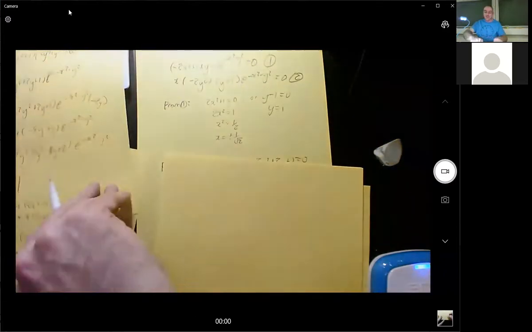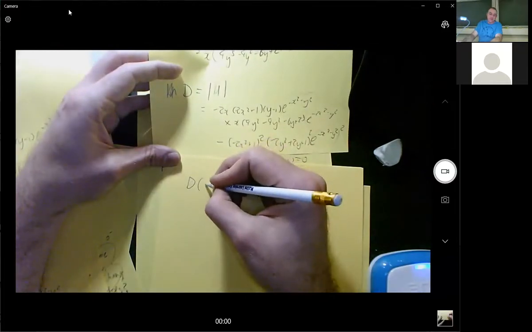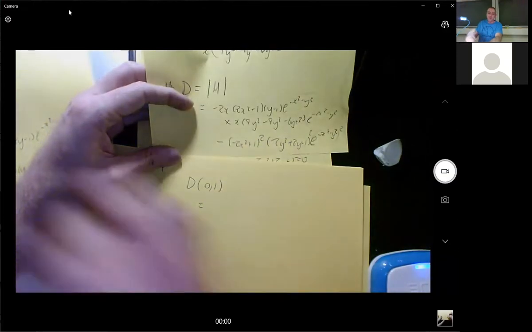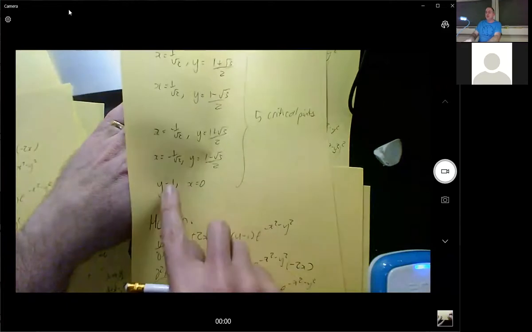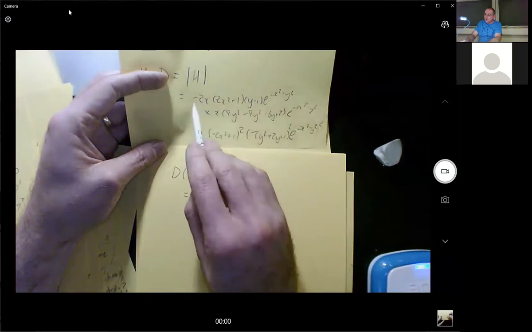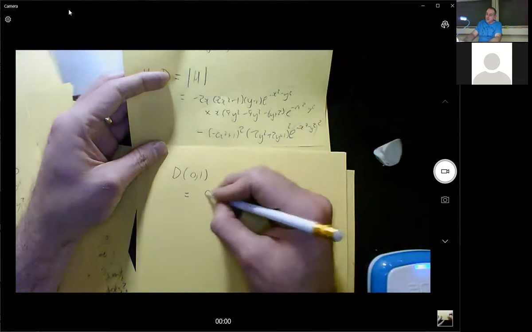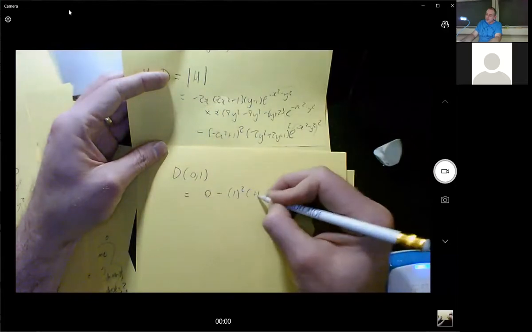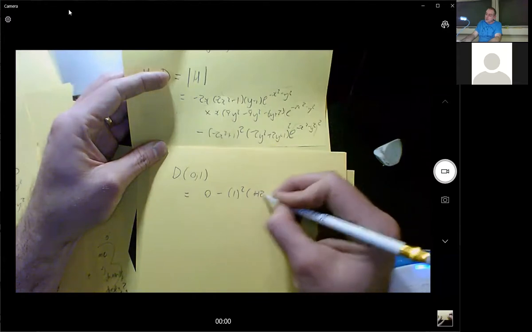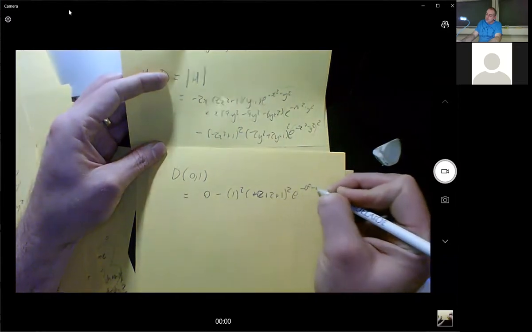But I can at least, so the d at the point 0, 1, which is one of my critical points, because that was this point here, x is 0, y is 1, x is 0, so that bit's 0, and x is 0, we get 1 plus y is 1, which is minus 2 plus 2 plus 1 squared, and e to the minus 0 squared minus 1 squared.